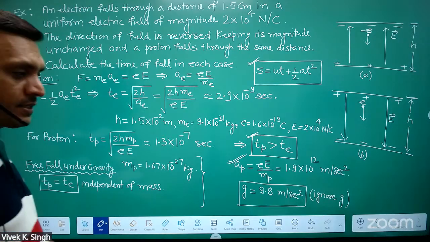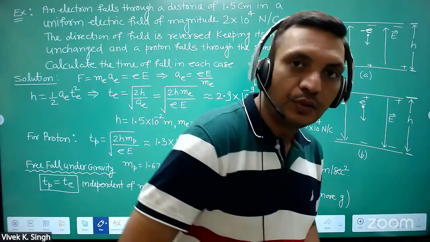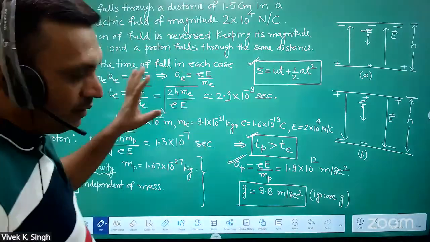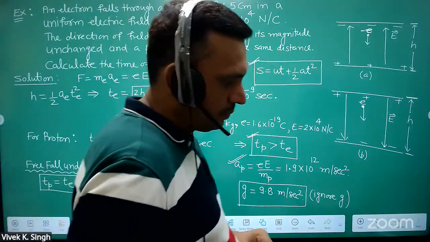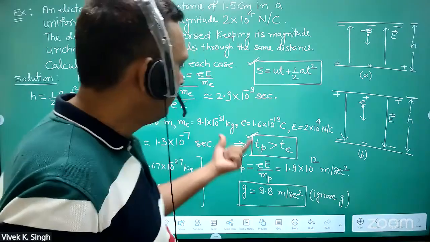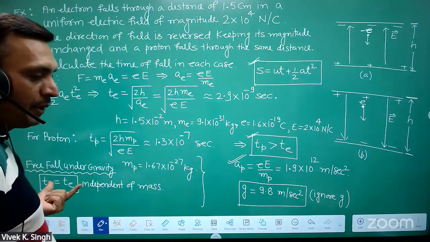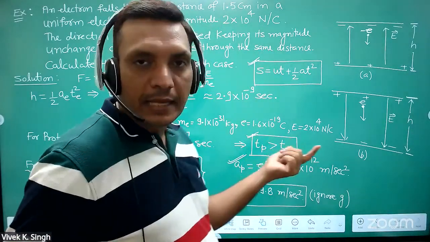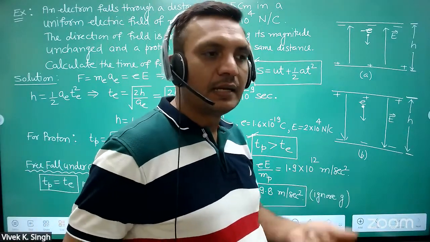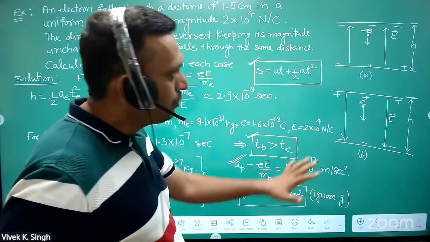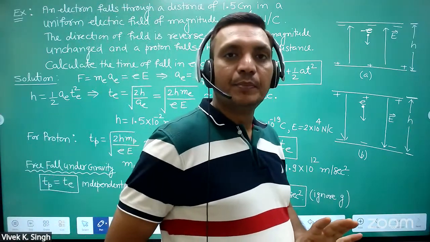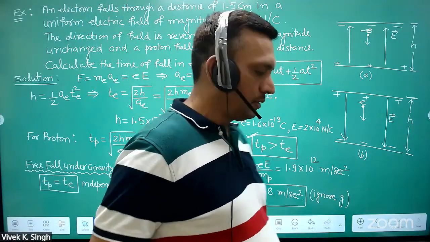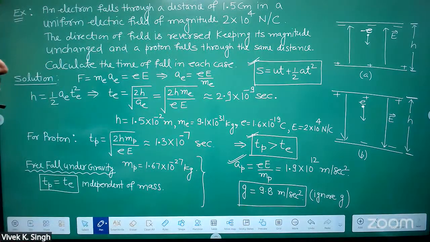These are all standard results. You should know these results, because they will directly ask questions. What will happen under free fall? What will happen in this case? What will be the condition of time for proton and electron: less than, greater than, or same? So these are standard examples and you should remember their results. Okay?